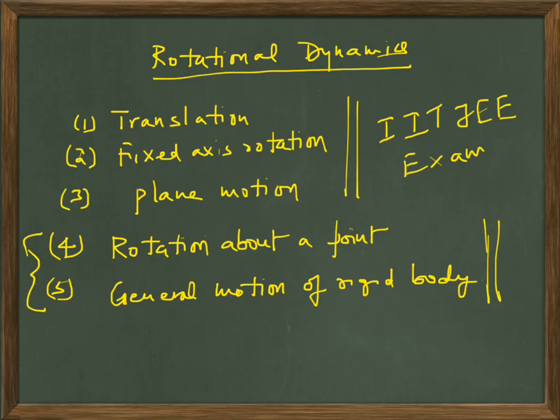So let's go now to fixed axis rotation, this motion. So here there are three terms: fixed, axis and rotation. So we must understand what is the meaning of axis. We'll understand it in a minute. So suppose there is a body and all the particles of the body are moving in circles.